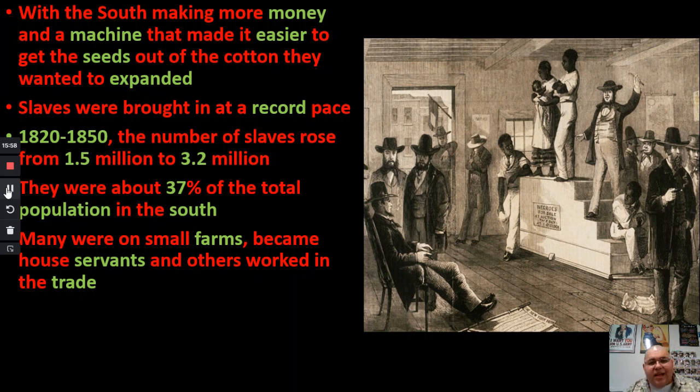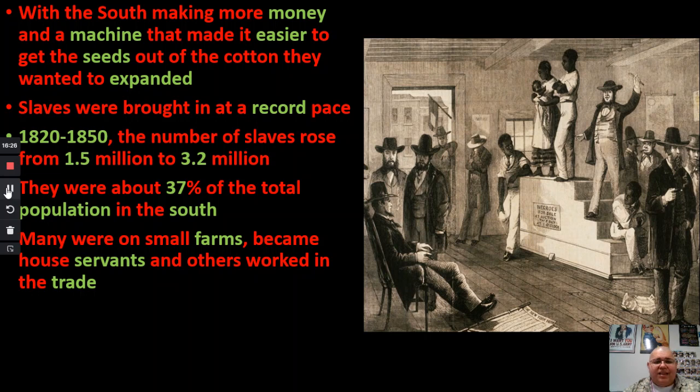Then we get all that money from the cotton, and more cotton is being picked because now those people are in the field, and this job is a lot easier and the cotton is cleaned better. Then we can make more money, and then I can get more land, buy more slaves, buy more of those machines, and it's just a vicious cycle. And that's what happens. The slave trade gets out of hand.